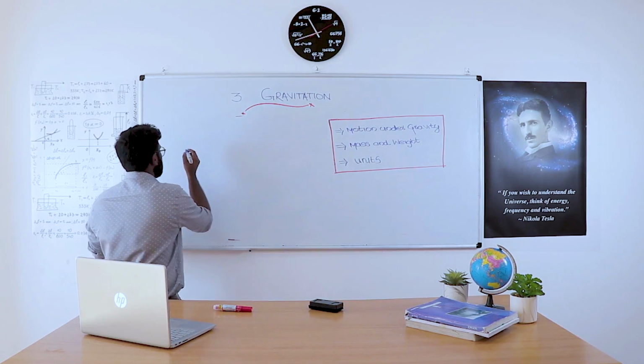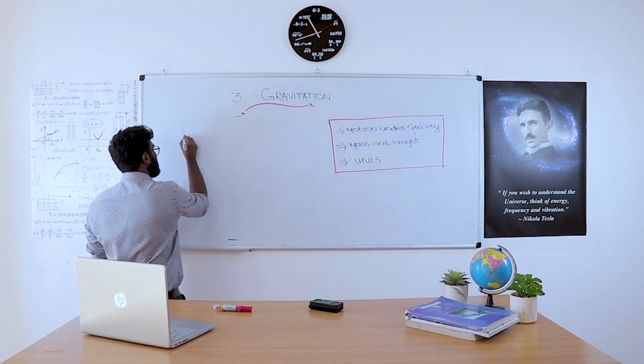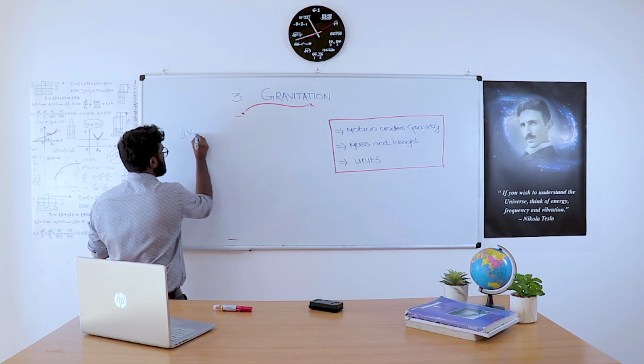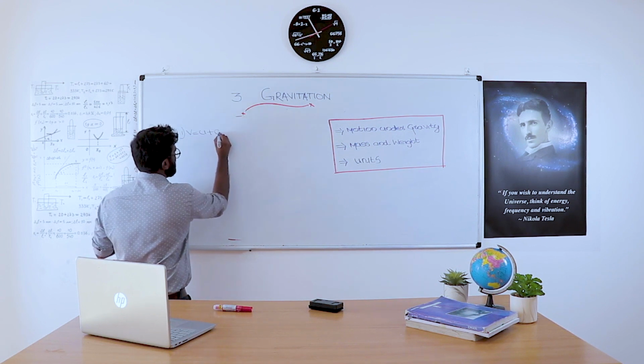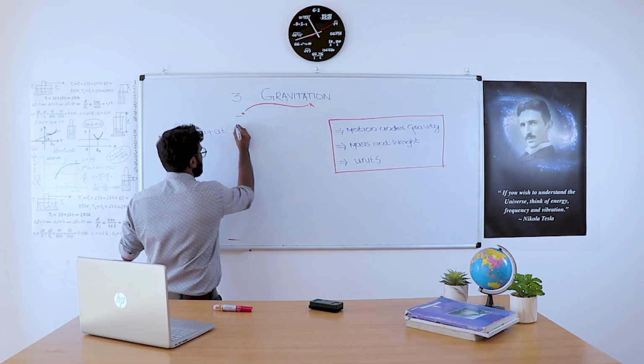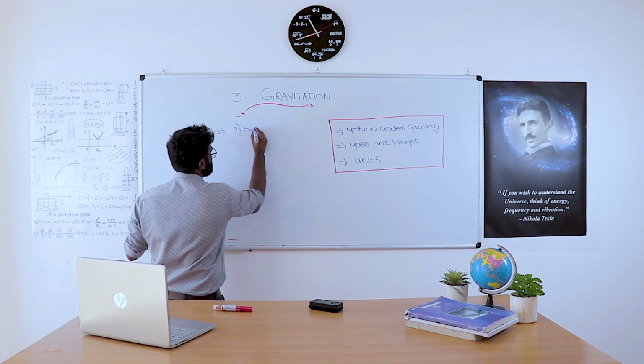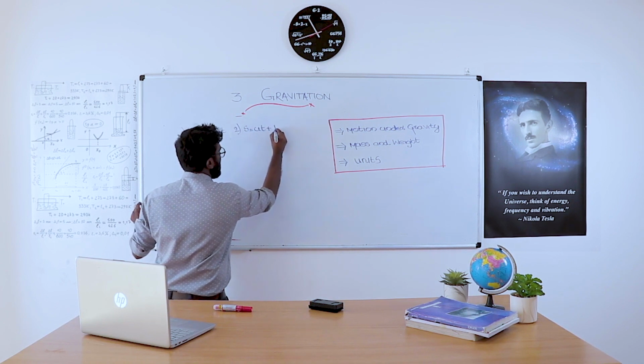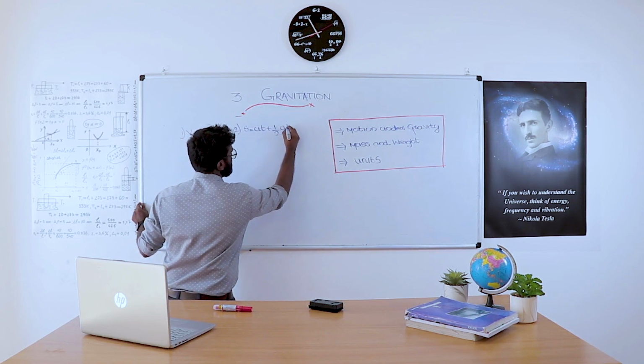The equations of motion are: number one, V is equal to U plus AT. The second one is S is equal to UT plus half AT square.